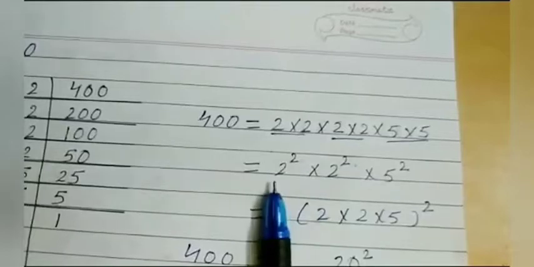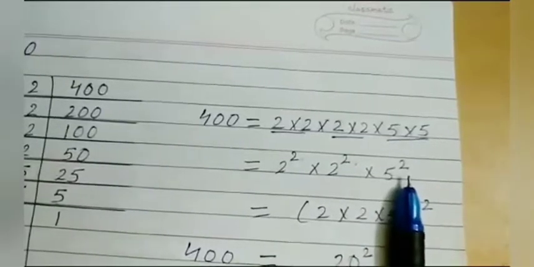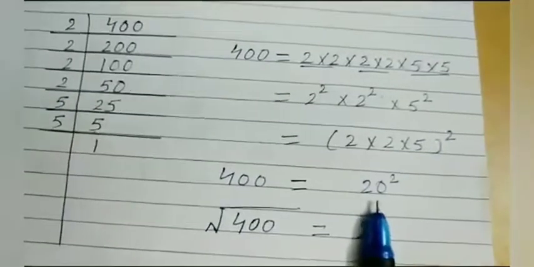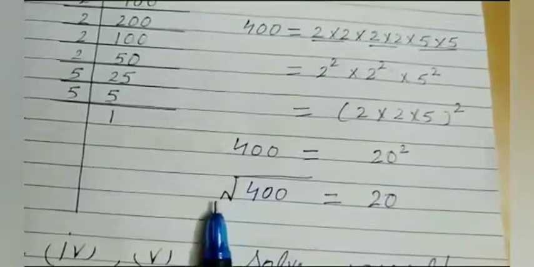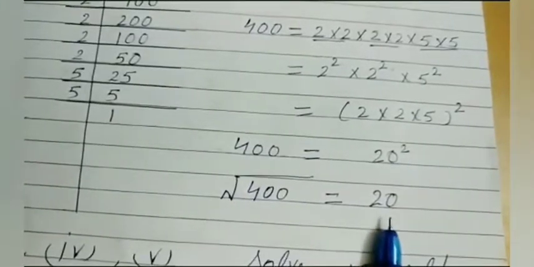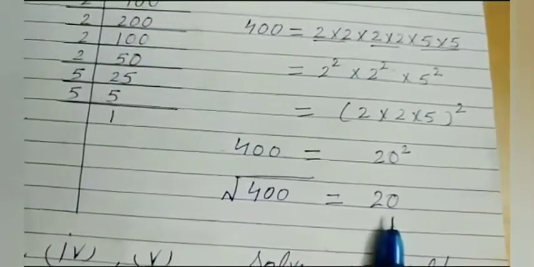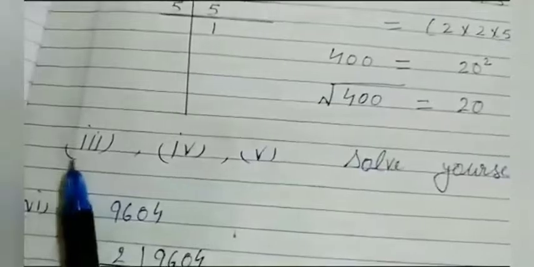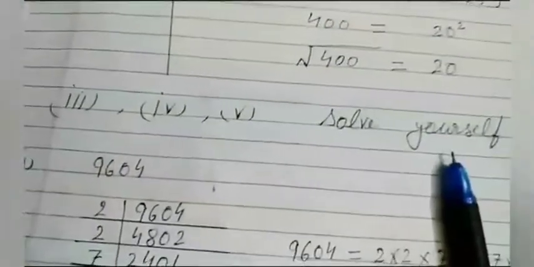And we write 2 square and 5 square. We get 20 square. And the last step is square root of 400 equals 20. Clear? Square root of 400 equals 20. Next parts, third, fourth, fifth, you can solve yourself.